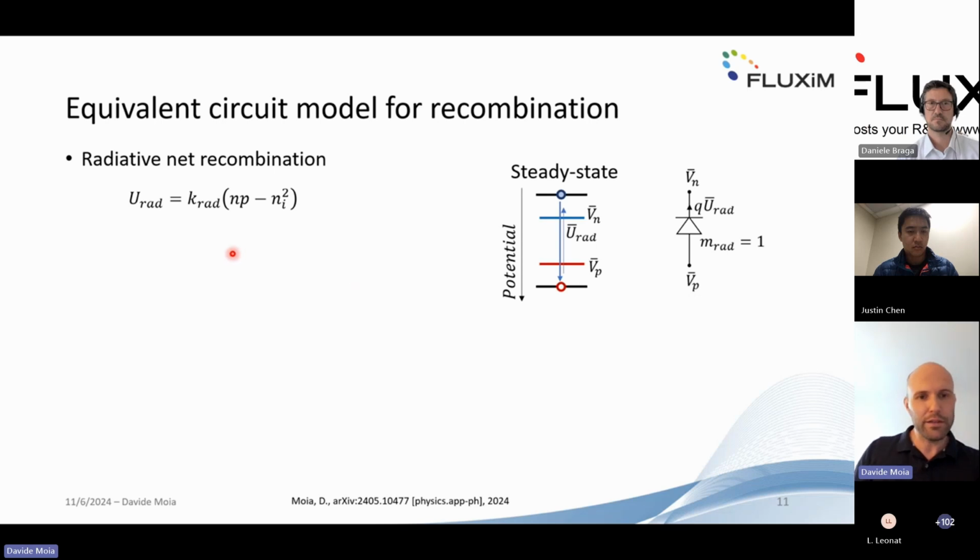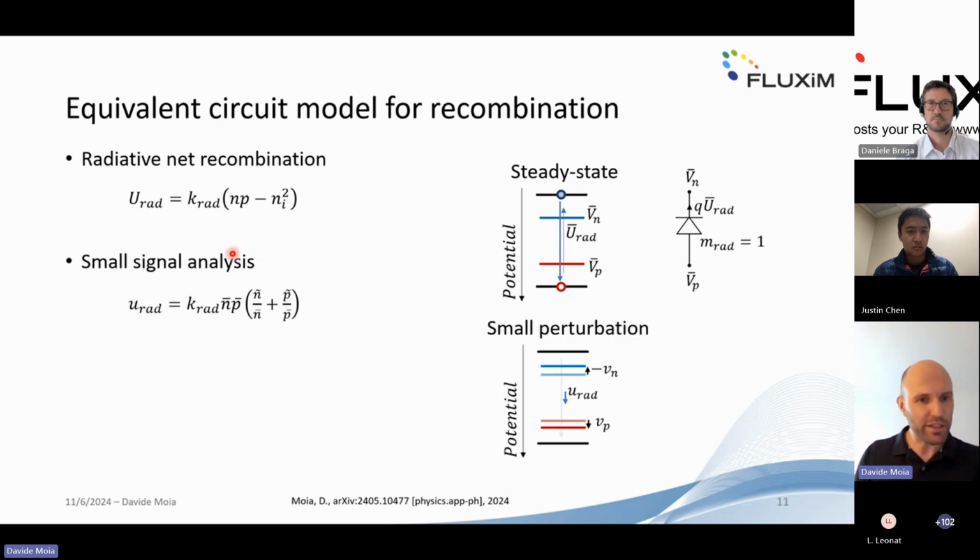Now, if we go and look at what the small signal analysis would tell us, we need to simply linearize this expression to obtain a small signal net recombination component.